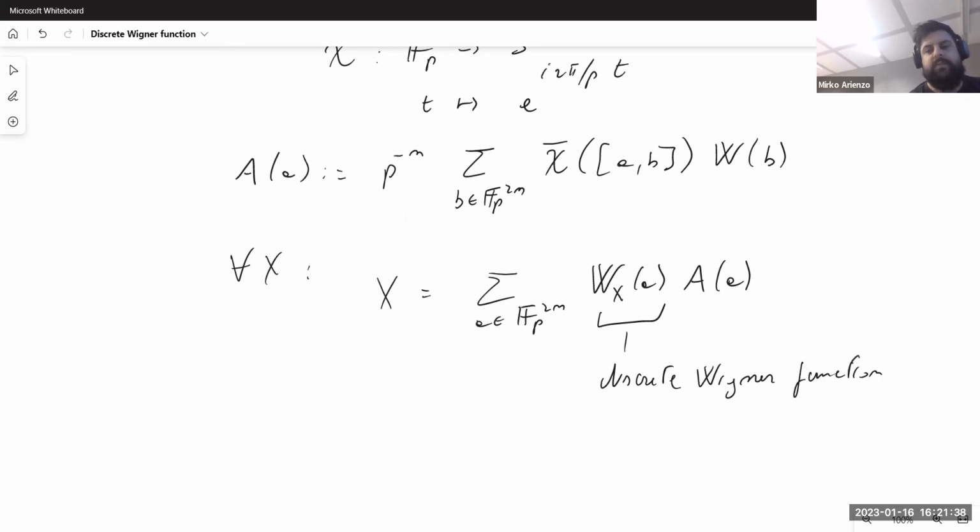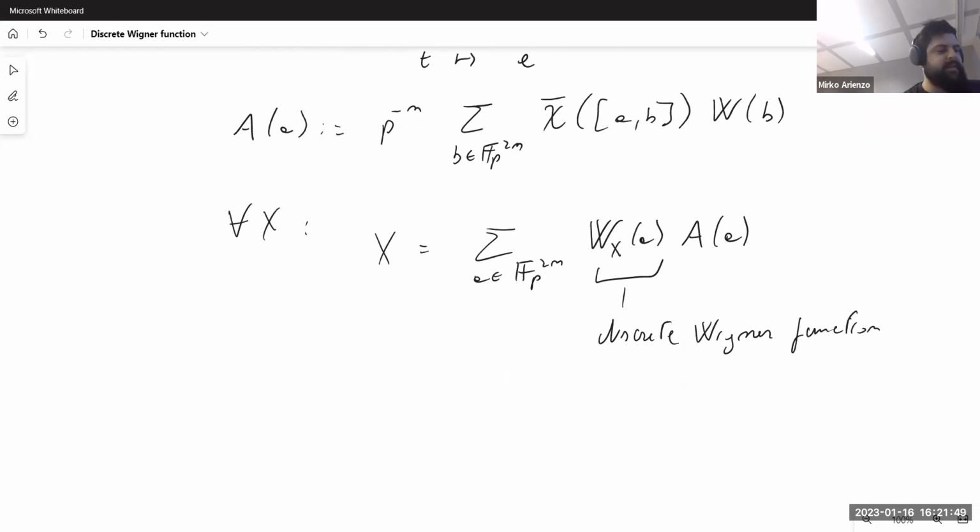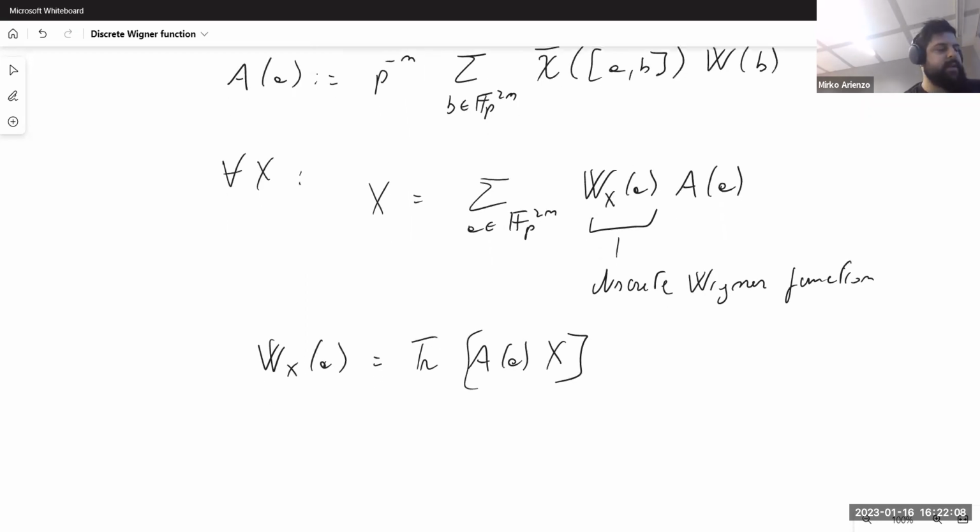Usually one can define the Wigner function as a Fourier transform of the characteristic function, and this is exactly the same thing, because by definition, this W_X of A is just the trace of A times X. It should be A dagger, but these operators can be verified to be Hermitian.